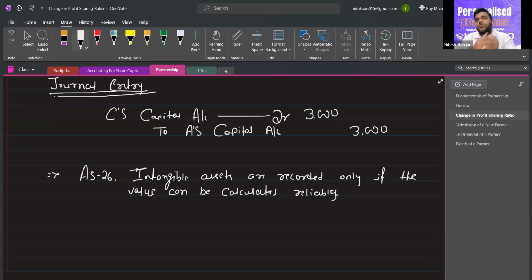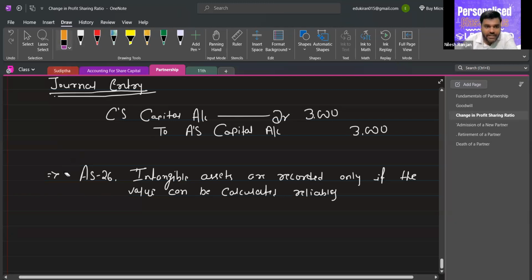But in case of self-generated goodwill, you don't know the actual value of goodwill because you have generated it by your own actions. Okay, you don't know the value. You just estimate the value on the basis of the average profit method, super profit method, and capitalization method. Yes or no? Yes, sir.